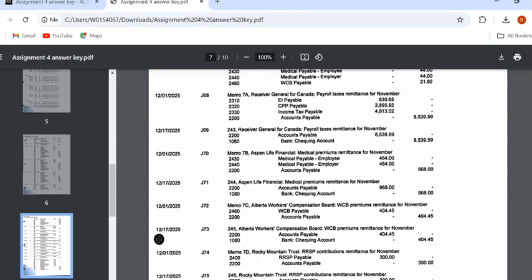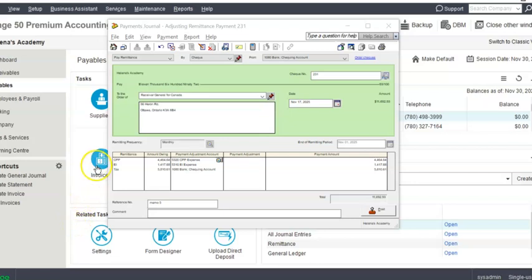Okay, so here is where we had to pay remittances. I've pulled up the payments journal and have one of the remittances for the Receiver General. You can see here it says pay remittances as opposed to pay invoices.